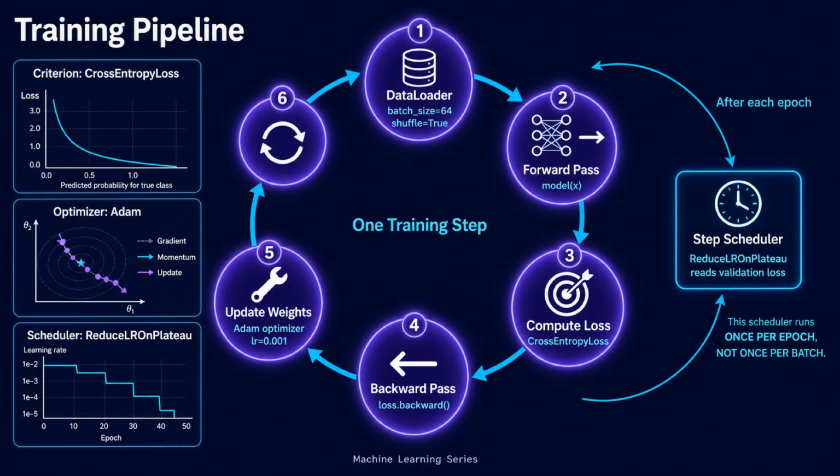Adam adapts the learning rate for each parameter individually, combining the benefits of momentum and RMSprop that we covered in the optimization chapter. Third, we add a ReduceLROnPlateau learning rate scheduler, which monitors the validation loss and reduces the learning rate when improvement stalls. This prevents the model from overshooting minima in later training stages.